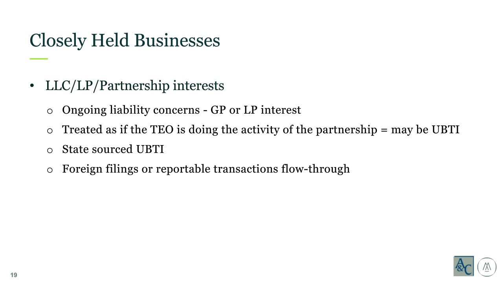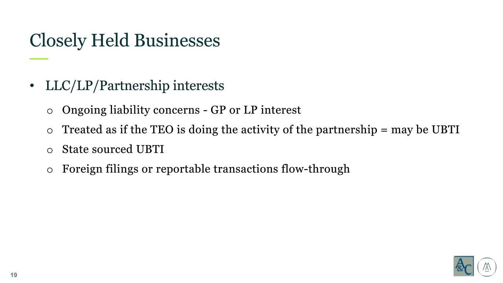Unrelated business income. The limited partnership, the partnership, or the LLC are all kind of treated the same way for tax purposes. If it's doing activity that would be unrelated business income if the charity did it directly, then it flows through the K1 and is taxed at corporate or trust rates.